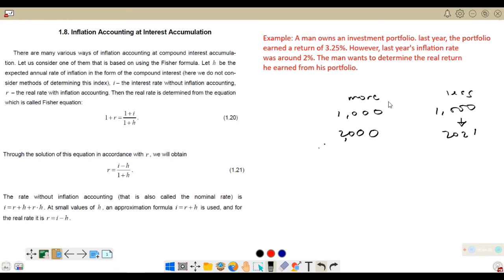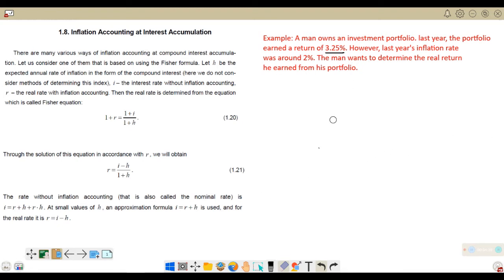So, even though nag-gain ng interest yung money mo before, you cannot say that it earned a certain amount of interest, for example, 3.25, dahil bumababa na yung value ng pera or tumataas na yung value ng mga bilihin. So, I hope I was able to make this part clear.